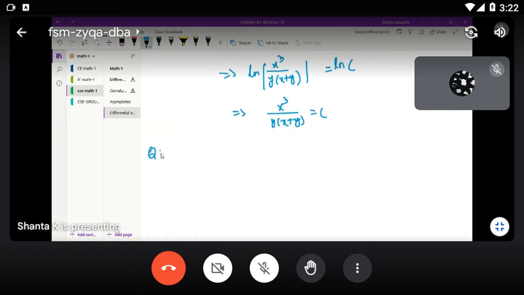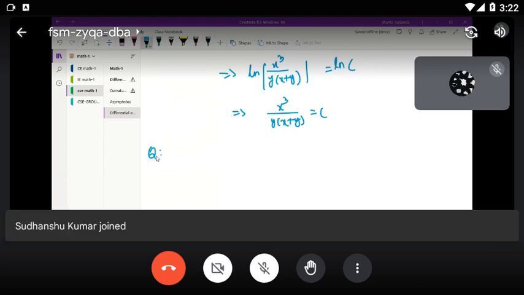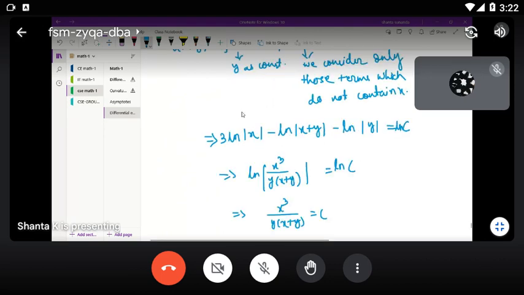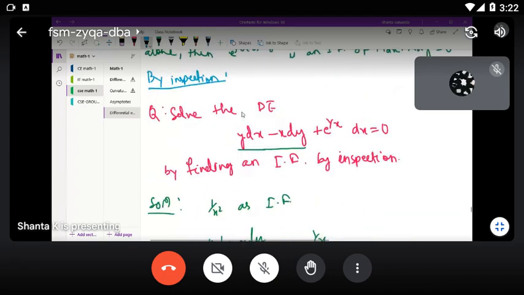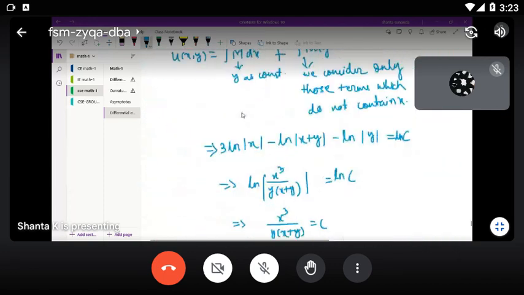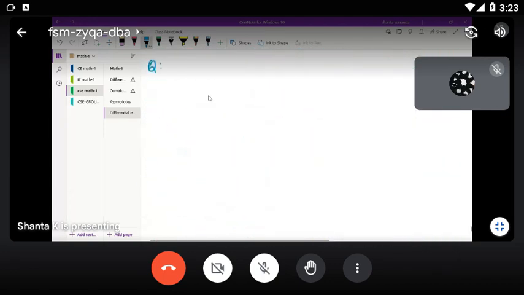So one more question. Solve the differential equation.